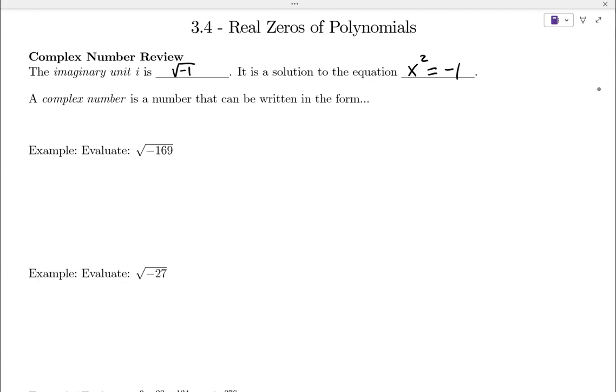In the real numbers, we know that if we square a number, can we get a negative? No. Okay. So the imaginary unit was introduced to help us solve equations that don't have solutions in the real numbers. Okay. This has been done throughout history, by the way, with trying to solve equations.